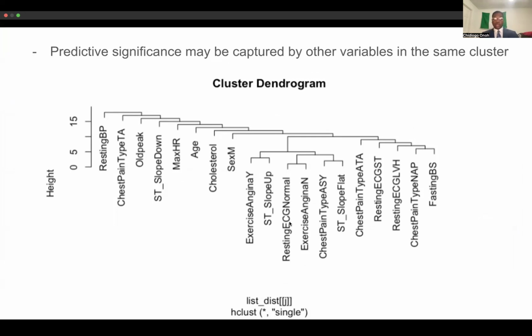These are our encoded variables, which is why we have so many of them instead of the 12 that we started with. Chest pain type ASY would be removed, or something that's very low, such as chest pain type NAP, whereas resting blood pressure and max heart rate, these ones clustered out first, so we would keep them.